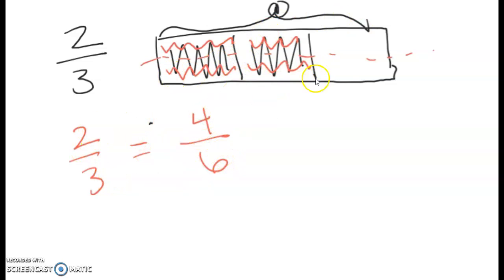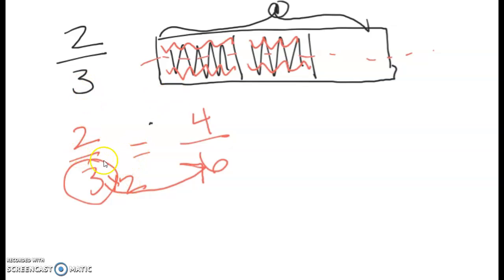Another way we can do it, other than drawing a model, is by numbers and thinking about a numerical representation. So how does 3 become 6? Okay, I might ask myself, I think 3 becomes 6 when you multiply it by 2. Okay, and then what we know about fractions, guys, is that what we do to the bottom, we have to do to the top.